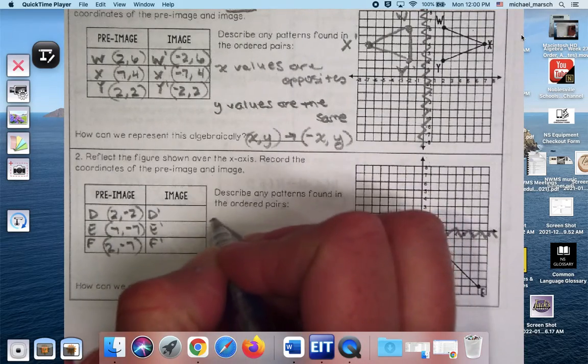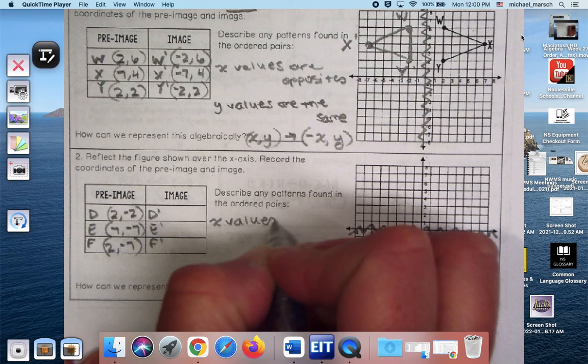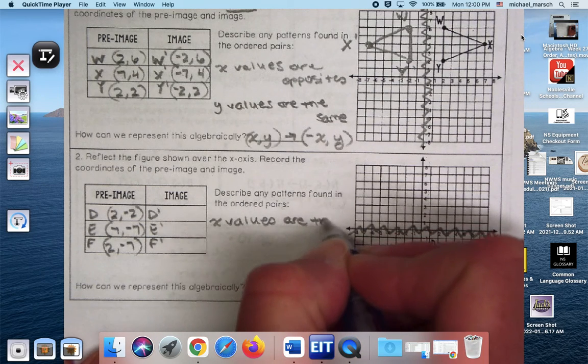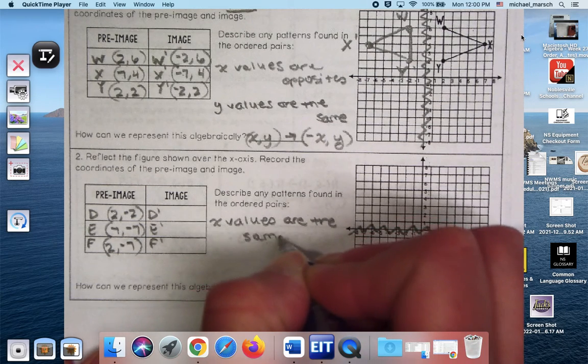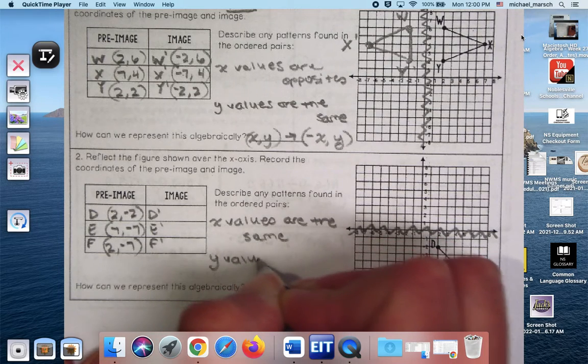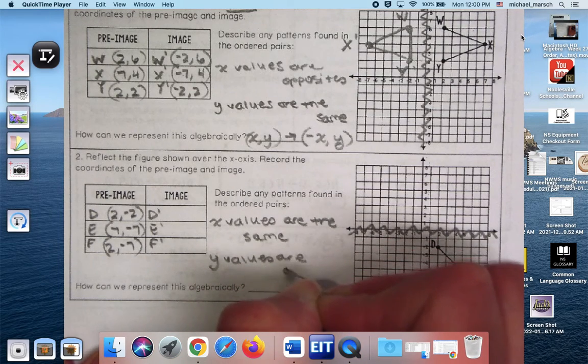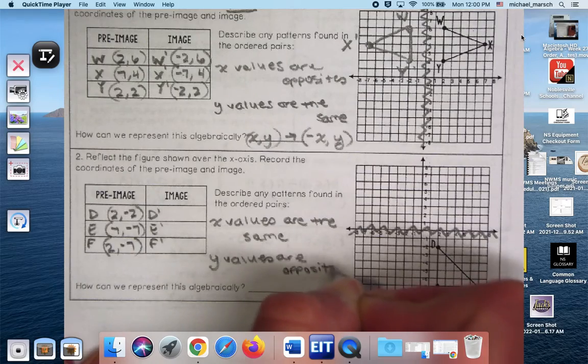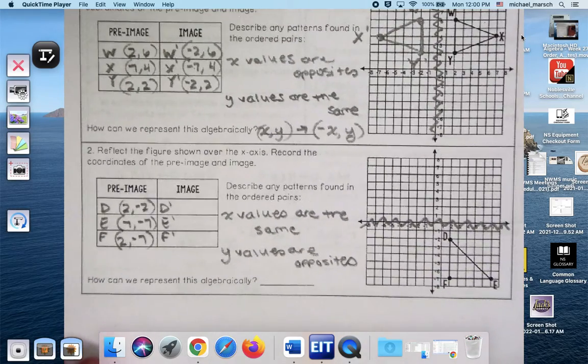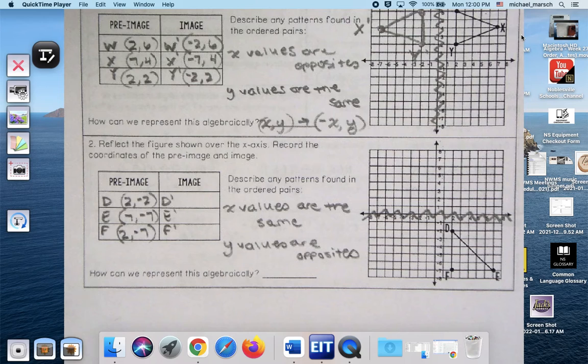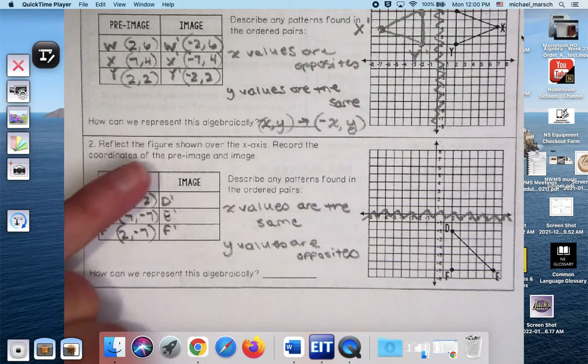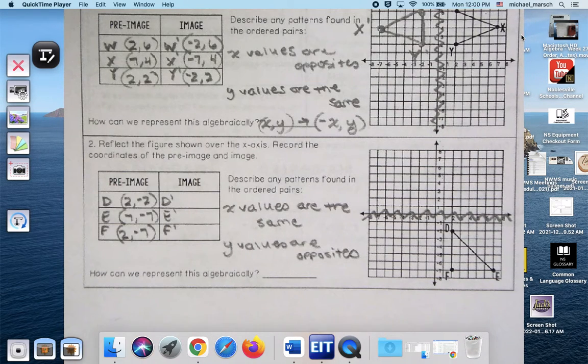We just said the x values will stay the same and the y values will be opposites. So you don't even really have to draw it. You can just tell me what our image ordered pairs will be.